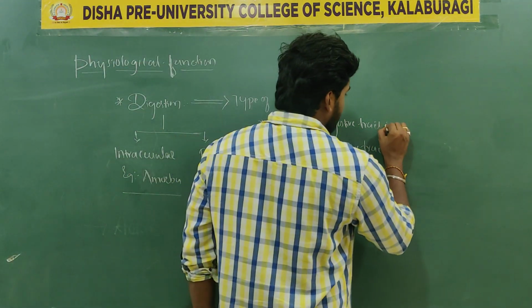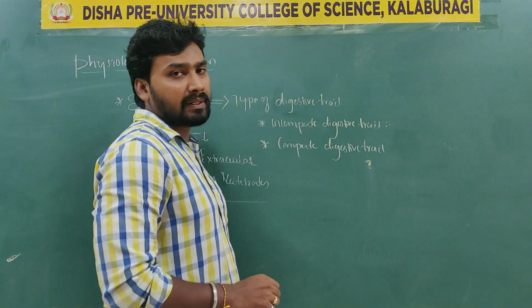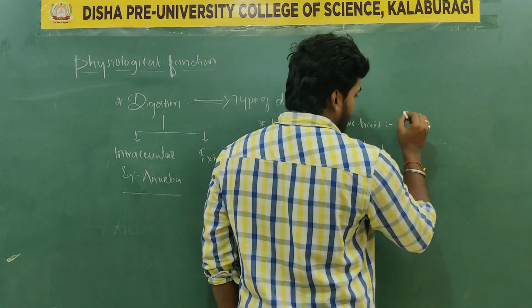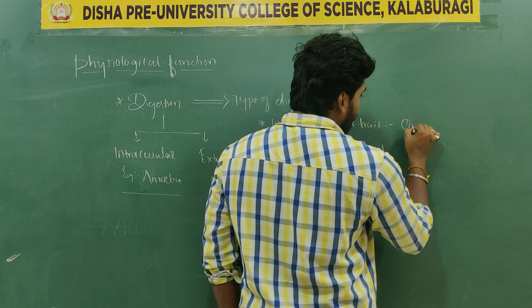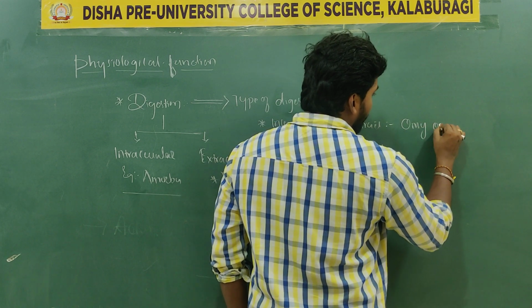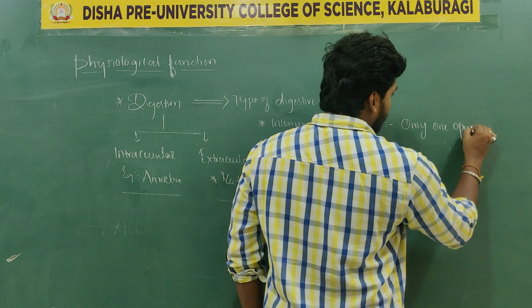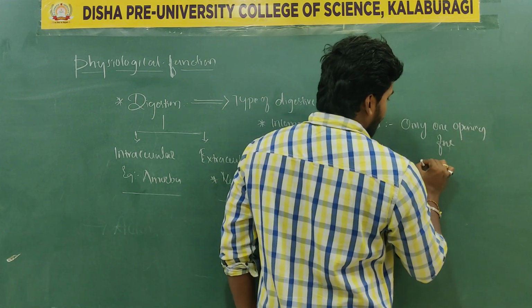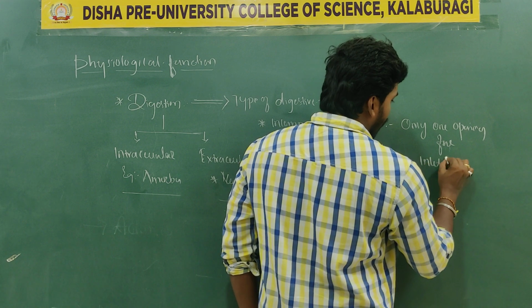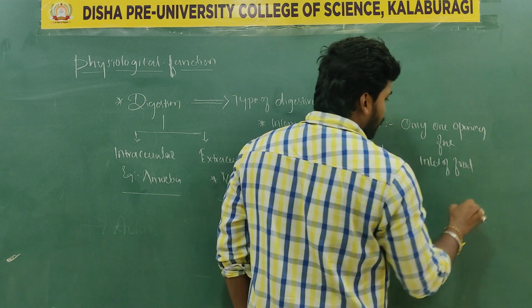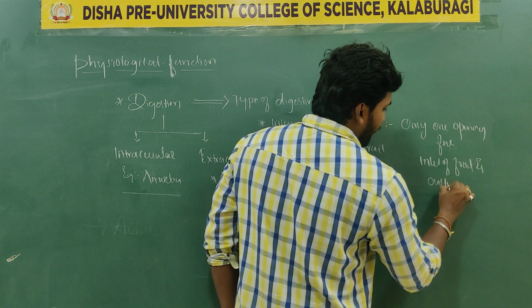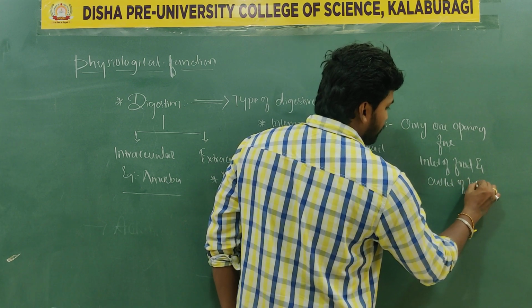Most of the lower organisms exhibit an incomplete digestive tract, because these animals possess only one opening for inlet of food and outlet of food.